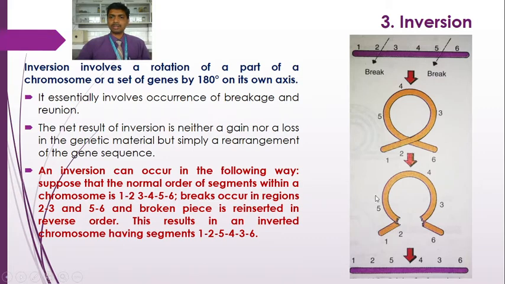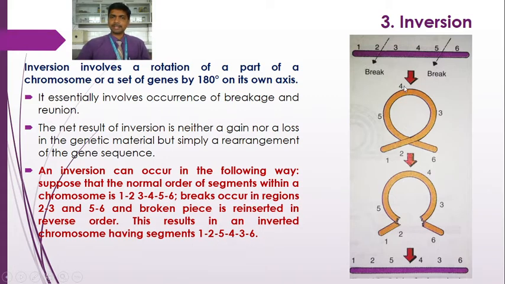So the order becomes 1, 2, 5, 4, 3, 6. The break occurs at this position, and the broken piece has been reinserted in a reverse order. So we get a gene order of 1, 2, 5, 4, 3, 6. This results in an inverted chromosome having segments 1, 2, 5, 4, 3, 6.